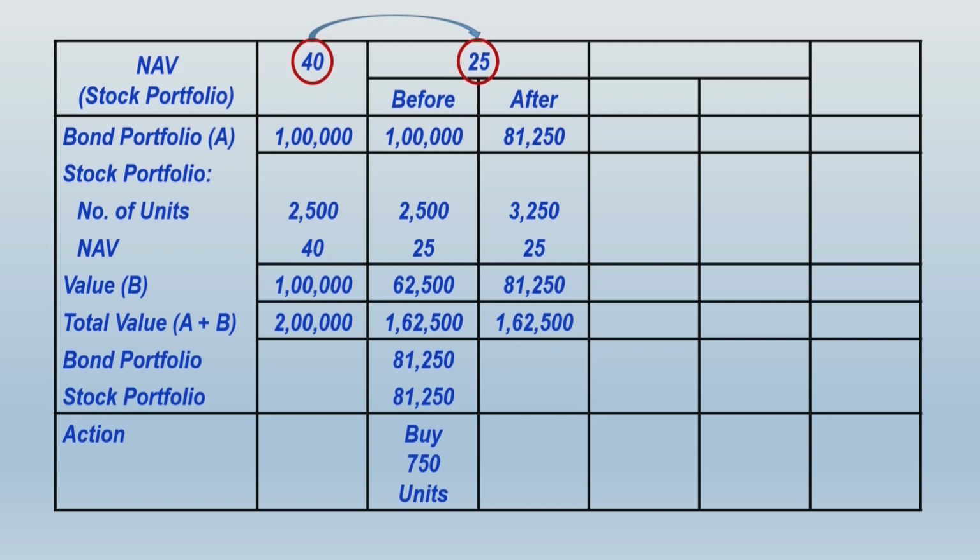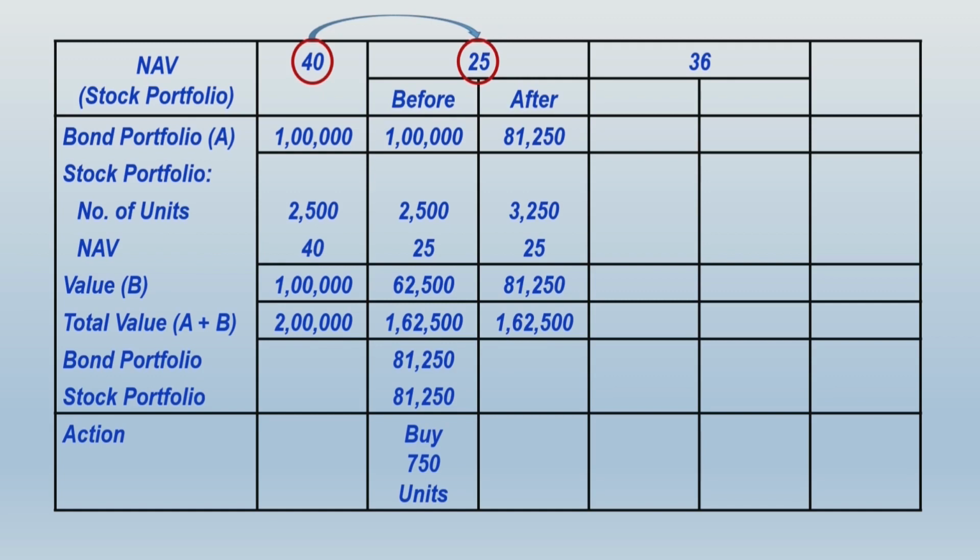Now let me see, are you able to give me the correct insight about the next movement which is happening in the next month? The next month end NAV is 36. As and when I go ahead, you should parallelly use your calculator and keep informing me what you are getting.